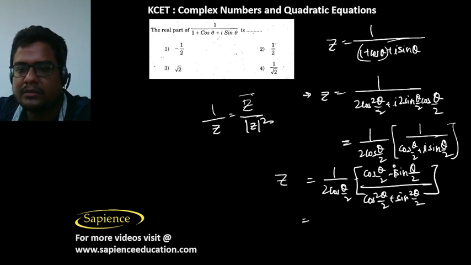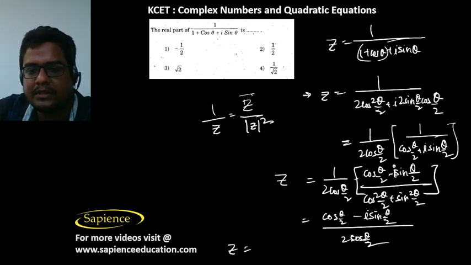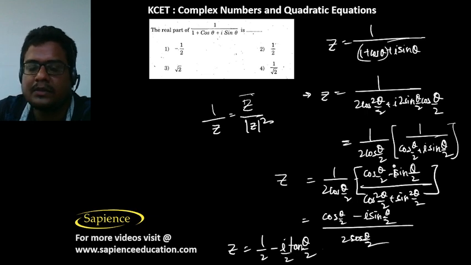So now this will be equal to cos theta by 2 minus I sin theta by 2 divided by 2 cos theta by 2. So therefore this Z can be written as 1 by 2 minus I tan theta by 2 actually. So therefore the real part of Z is equal to half.